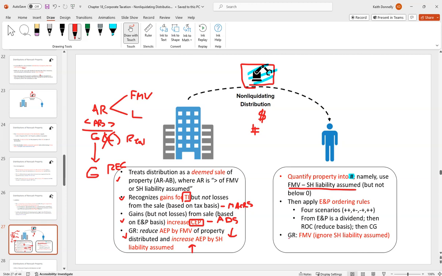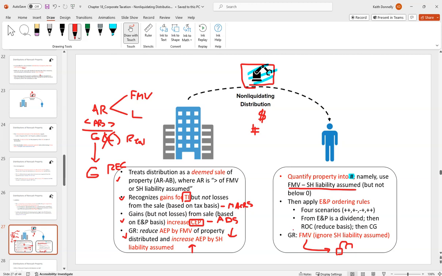And afterwards, as a general rule, if we asked the shareholder their basis in this machine, it's just going to be the fair market value. In other words, we ignore the liability.